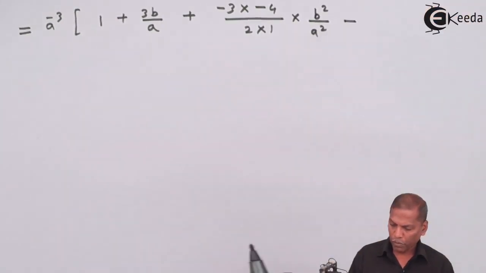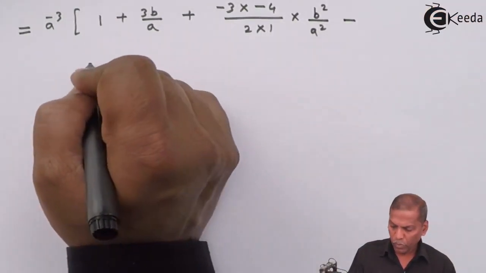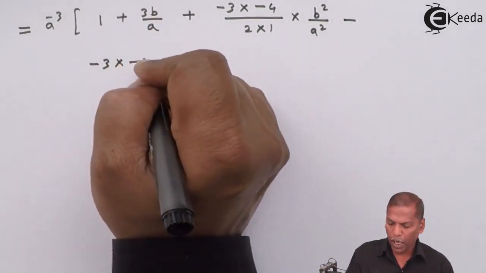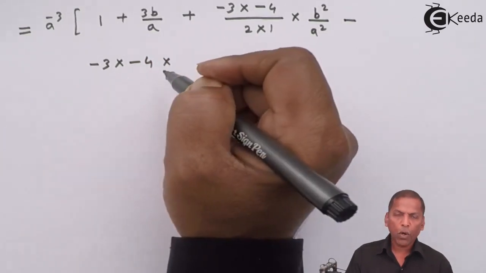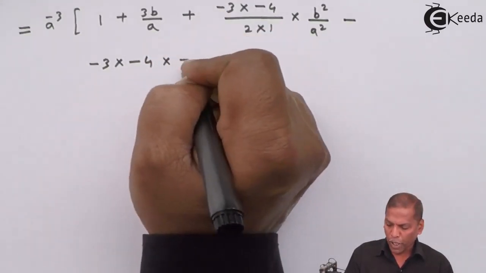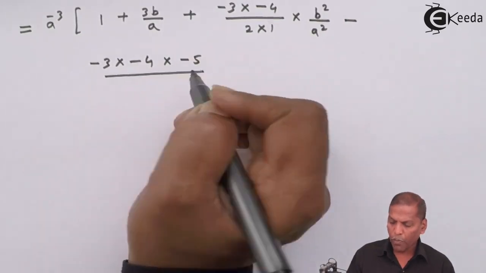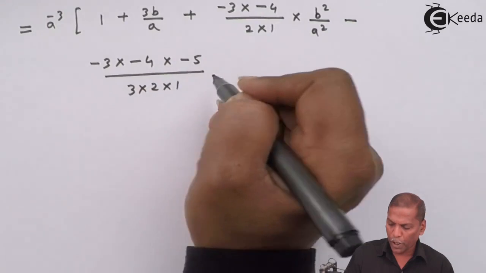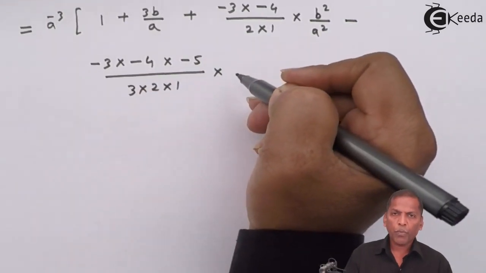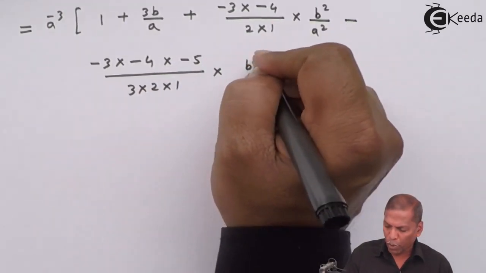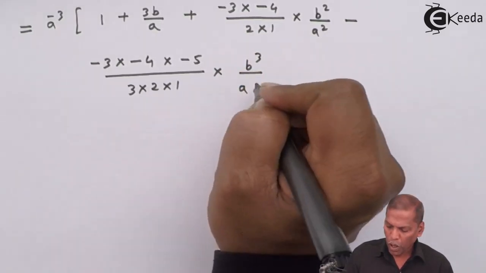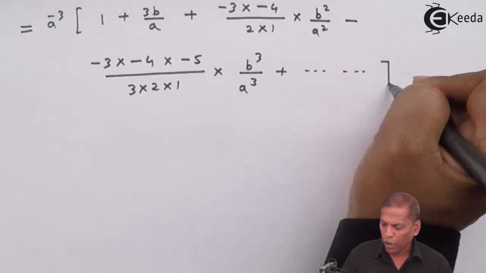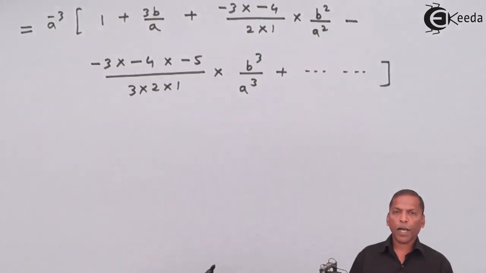Then minus 3 we write as it is, minus 3 minus 1 that gives minus 4, into minus 3 minus 2 that gives minus 5, upon 3 factorial means 3 into 2 into 1 into (b upon a) whole cube, that gives b cube upon a cube, plus dot dot going on, and finally the square bracket completed.